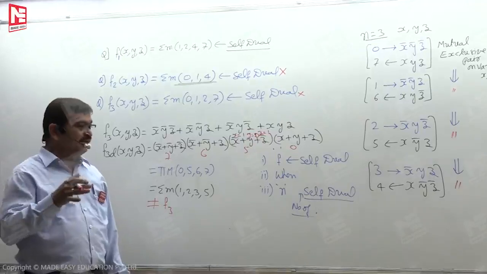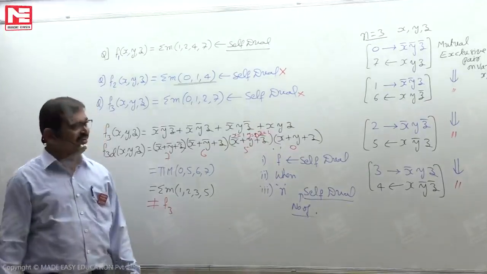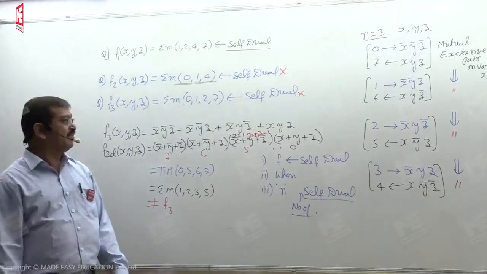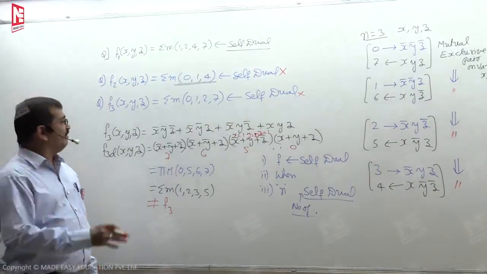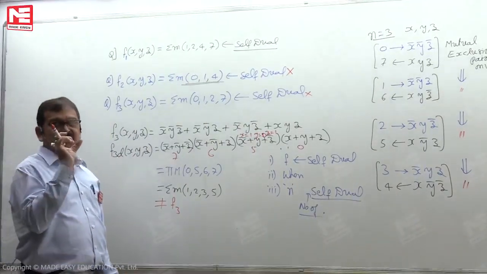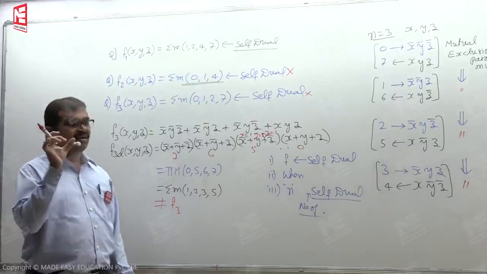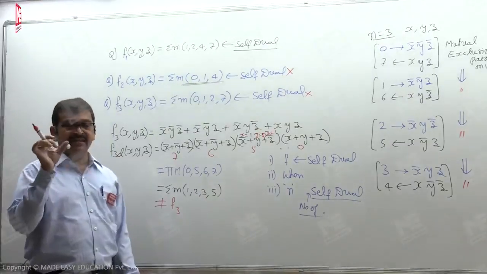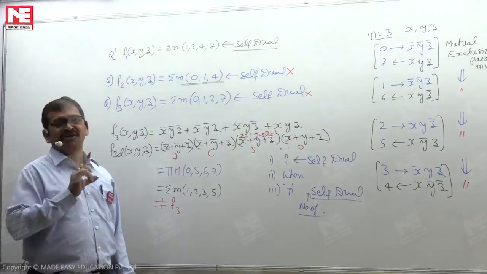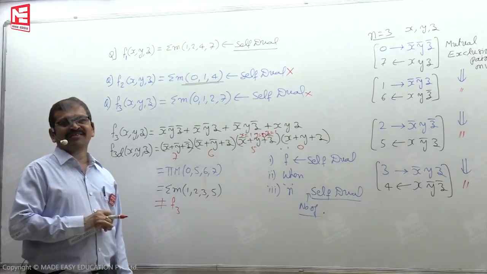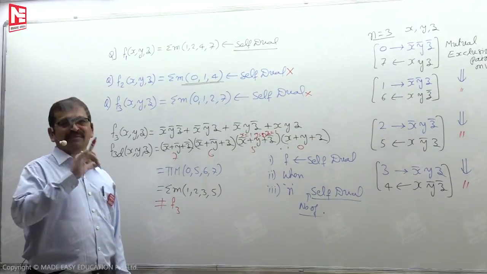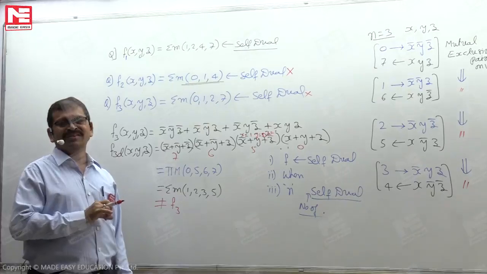Our work is with a shortcut to recognize this, not going into such detail. To understand, we did all the detailed work, but with a shortcut, whenever in the given function we add the decimal values corresponding to the minterms, if the sum is equal to 7, then it indicates a mutual exclusive pair is present corresponding to those decimal numbers.